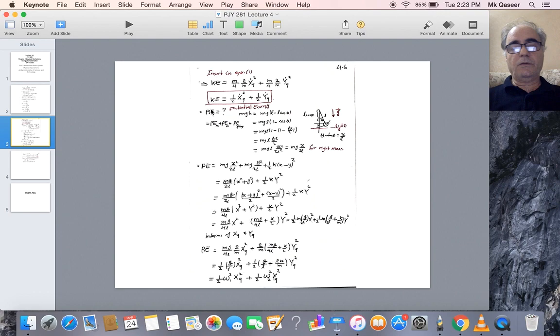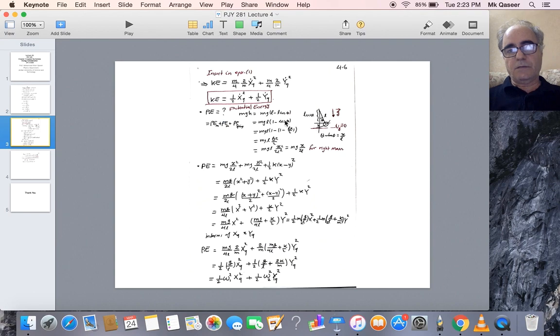Now for the potential energy, we have the potential energy for the right pendulum. If we take the minimum point of oscillation as 0 as a reference for the potential energy of gravity, then the potential energy for the right pendulum is mgh.